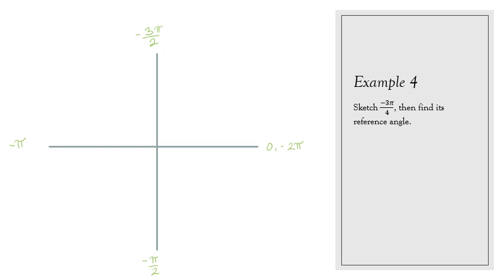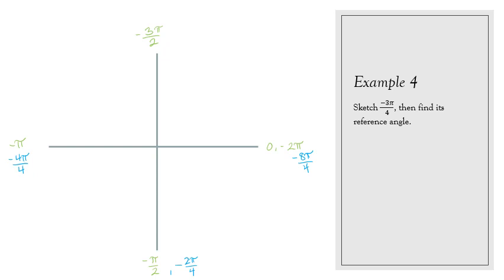Okay, so if we put these into fourths, we'll have negative 8 pi over 4, that's equivalent to negative 2 pi. Or we'll have negative 2 pi over 4, that's equivalent to negative pi over 2. Negative 4 pi over 4, equivalent to negative pi.